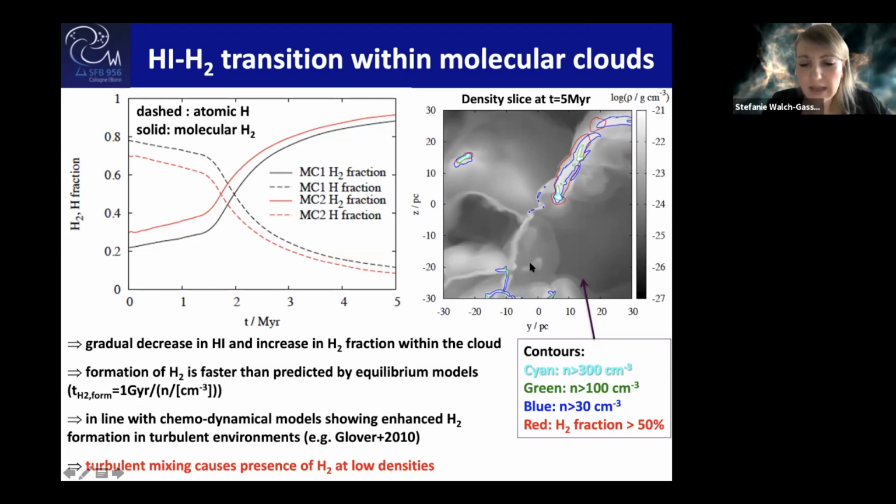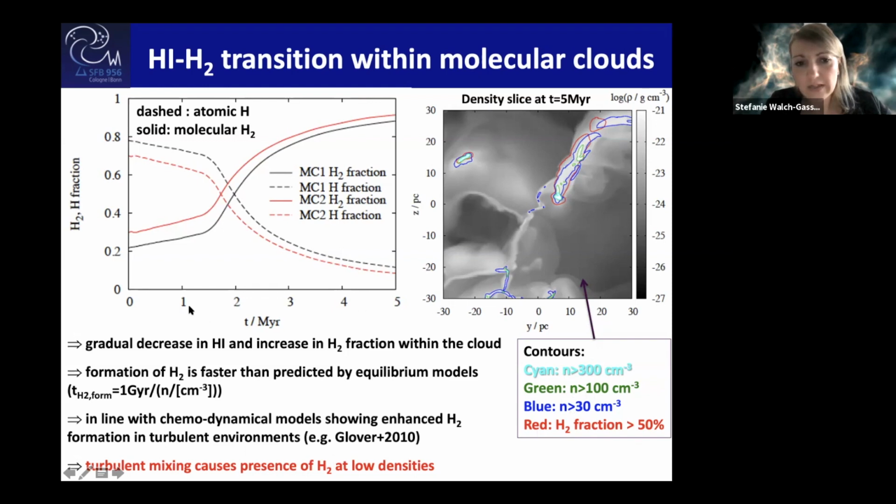We also have the imprint of turbulent mixing, because molecular hydrogen is present at very low densities. This is just a slice showing the molecular hydrogen fraction larger than 50% in individual cells. The other contours show you density thresholds, 30, 100, and 300 particles per cubic centimeter.